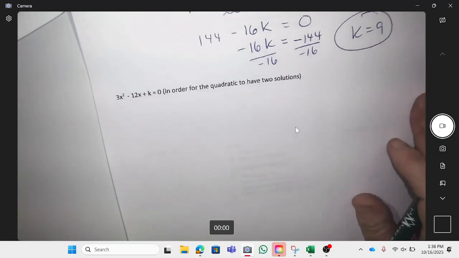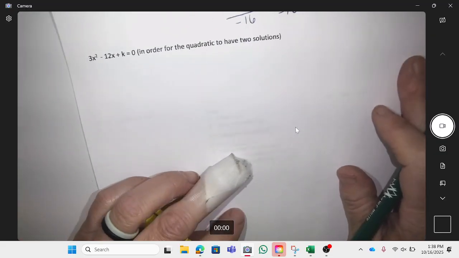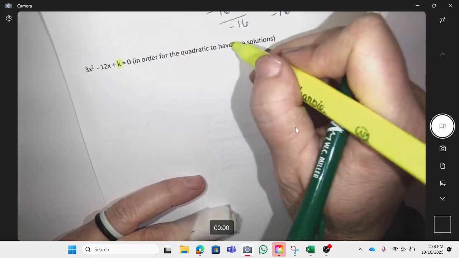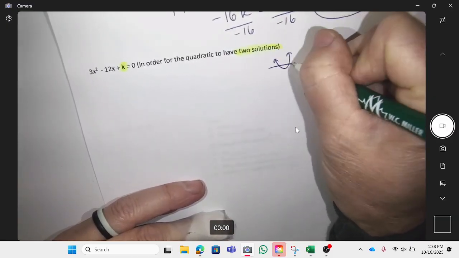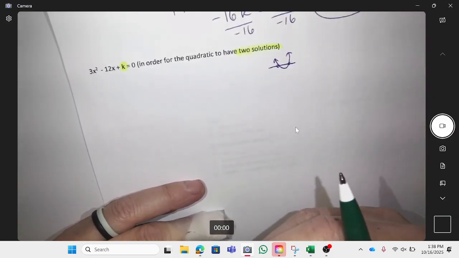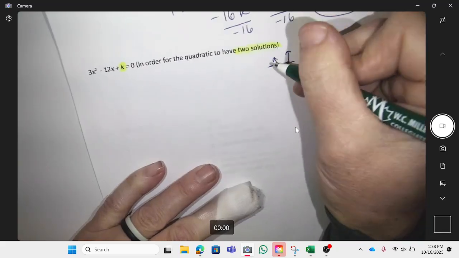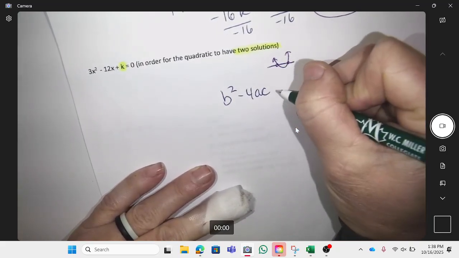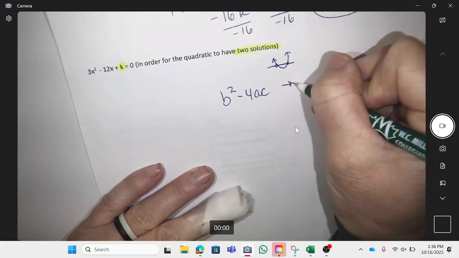All right, now, number 2, what would I want here if I wanted to produce 2 answers? I want to produce 2 answers. It has to be, the inside of the root has to be positive.